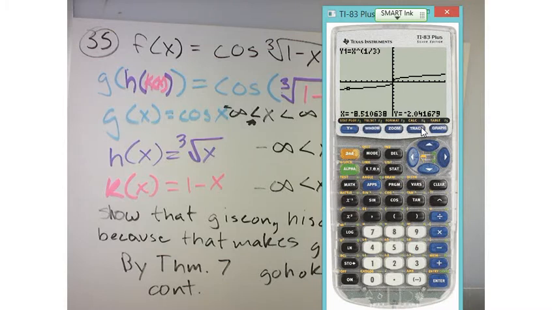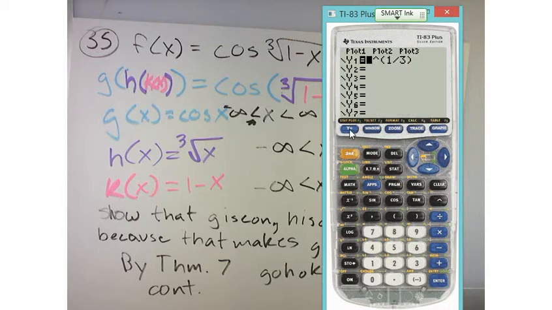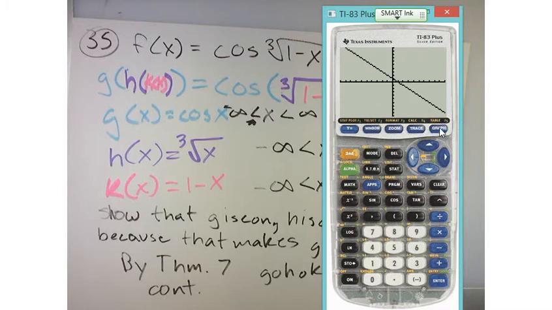There's no problems with the continuity. No asymptotes, no holes, none of that. No discontinuities. So again, I'm going to graph the third function, which is 1 minus x. This is just a linear function. It has a y-intercept of 1 with a slope of -1. Again, no issues. It's continuous throughout its entire domain.